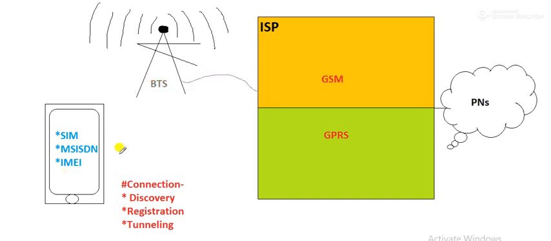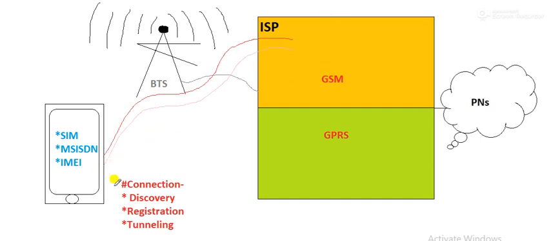And next, as we have already seen, after verifying all details, the ISP will reply to the requesting user that yes, right now you can have a connection through my network and all your details are verified.